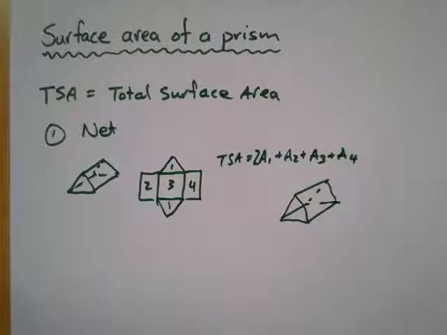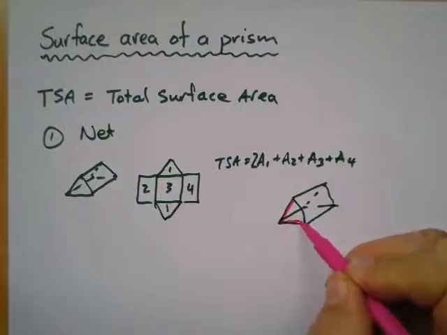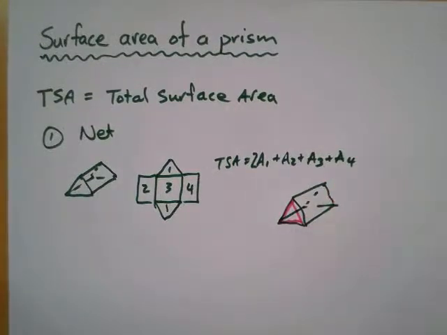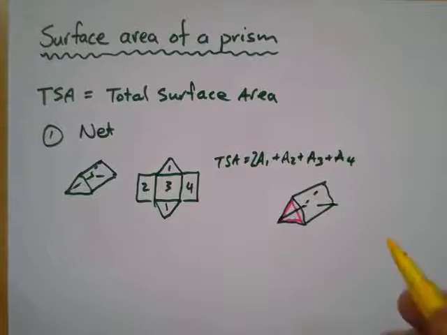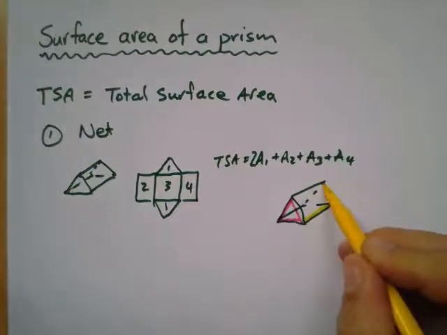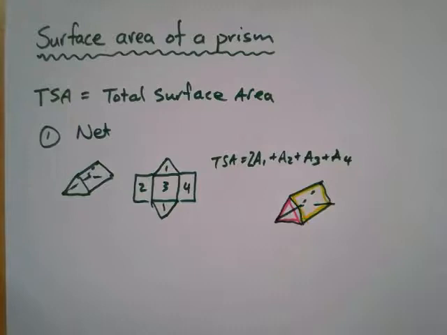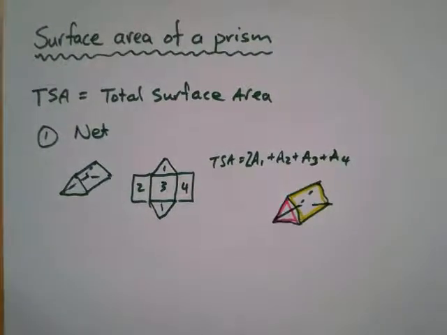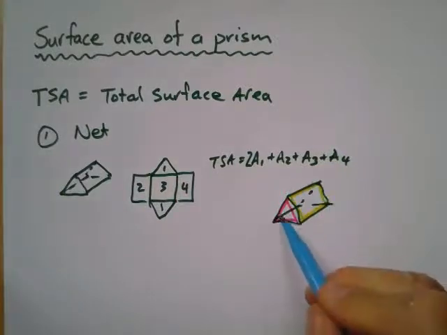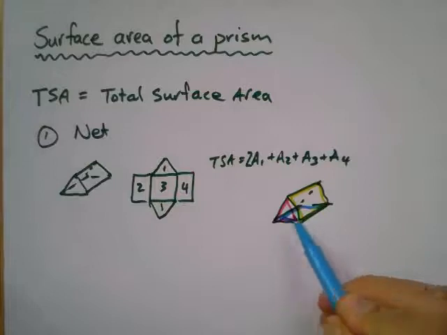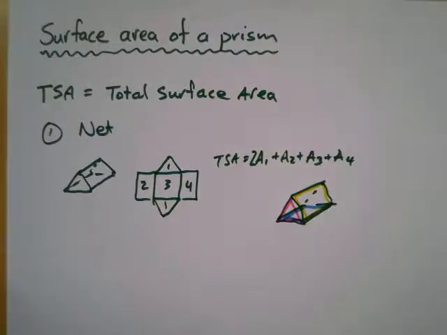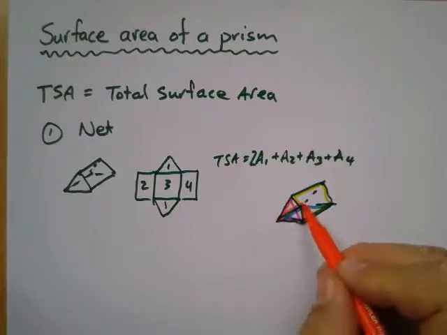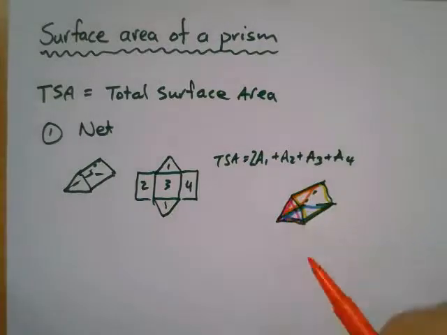So surface area 1 is this part, surface area 2 will be this part, surface area 3 will be the bottom, will be this part here, which is a rectangle, and the last one will be the triangle at the back, which is this rectangle over there.